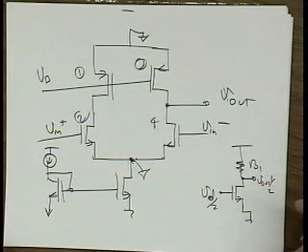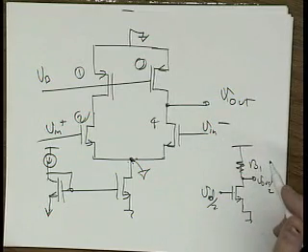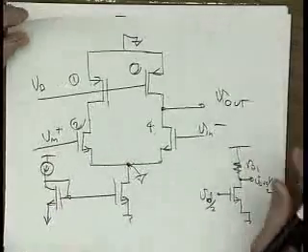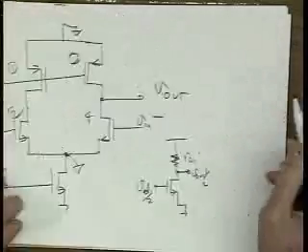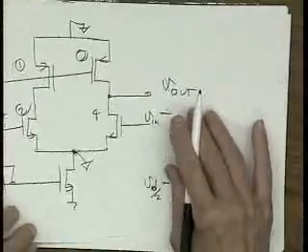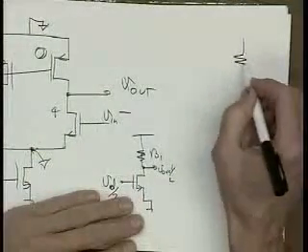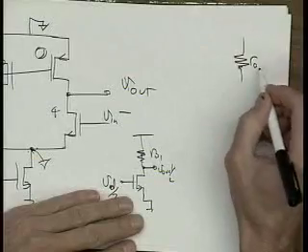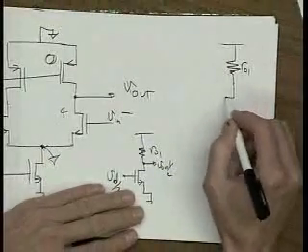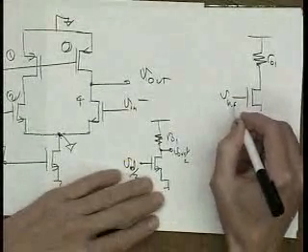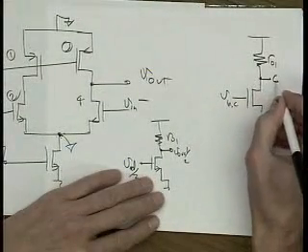Now, that's for differential. What about common mode? Let me redraw it up here. For the common mode case, we have R01, Vin common, and here's Vout common.